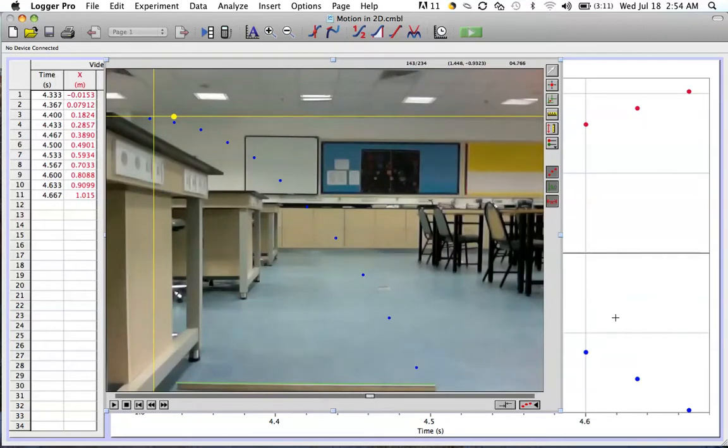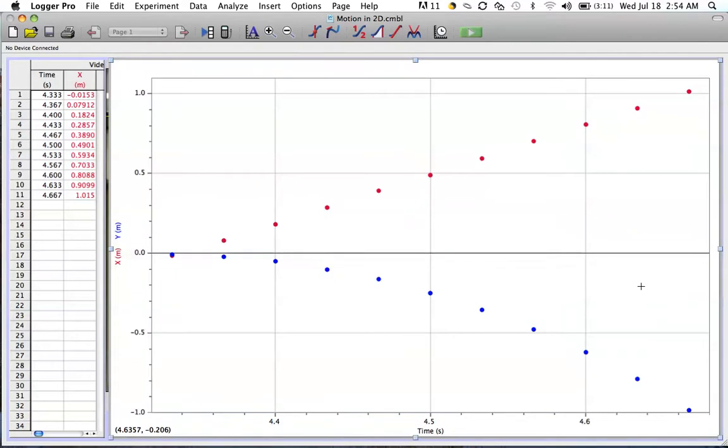And as I did that, Logger Pro has plotted its position along the x-axis with time at the same time as it has done its position along the y-axis with time.